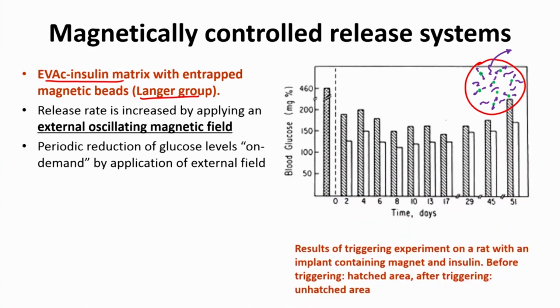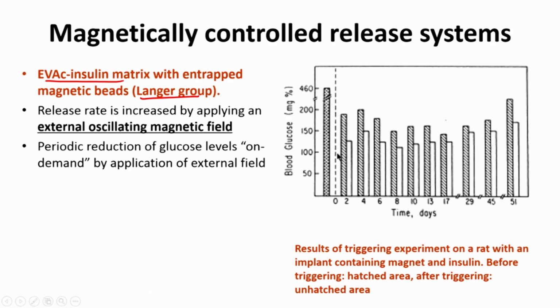So, this is their data showing that. As you can see, you have the blood glucose level here at time 0, which is of course a certain diabetic blood glucose level in a rat experiment, and then you put in an implant containing these magnetic beads and insulin. This is before triggering.